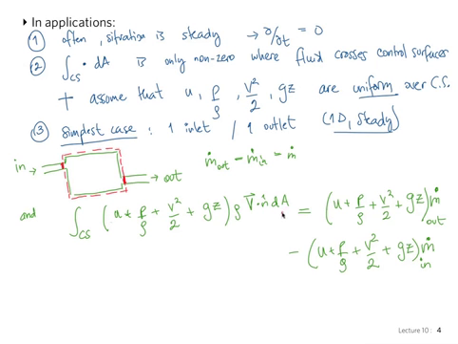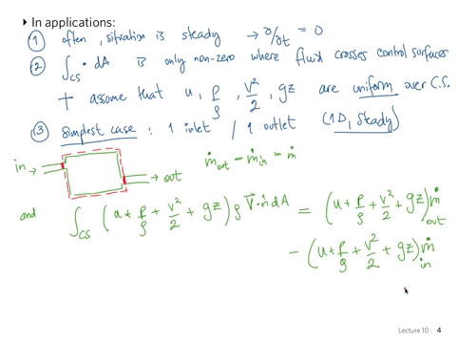Our velocity is perpendicular to the area, and so this v dot n is just v with the appropriate sign. And we have rho v times A, which is mass flux. And so all of these things are constant across the cross-section, and so they all come outside of the integral, and we basically just have the flux of all of these quantities multiplied by mass flux out minus in.